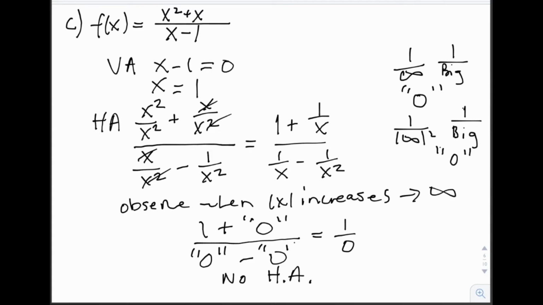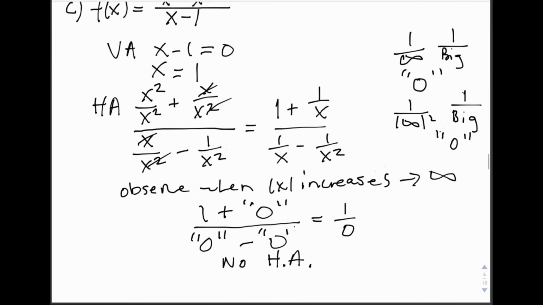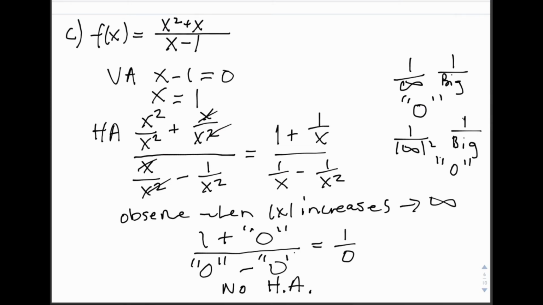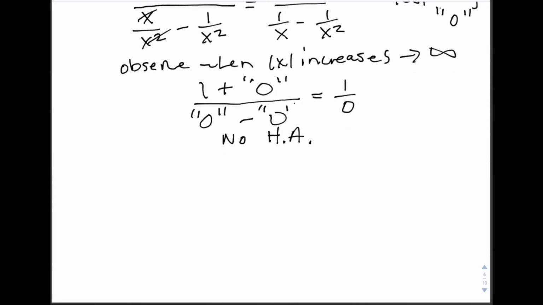Okay. Our last portion that we want to look at is the oblique asymptote. So oblique asymptote, if we go ahead and look at our original, we have 1 degree higher than the bottom, so we will indeed have oblique asymptotes in this case.